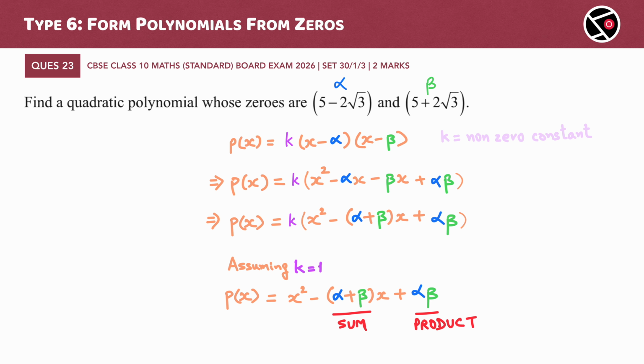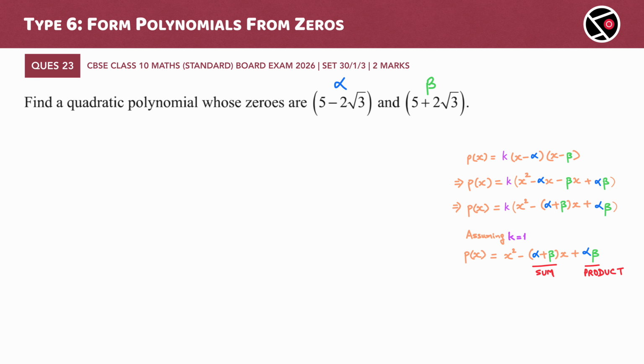Let's now go back to our question. Alpha plus beta is 5 minus 2 square root 3 plus 5 plus 2 square root 3. Minus 2 square root 3 and plus 2 square root 3 cancel out, and we have 5 plus 5, which is 10. Alpha times beta is (5 minus 2 square root 3)(5 plus 2 square root 3).